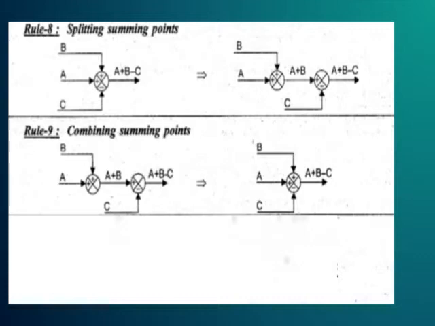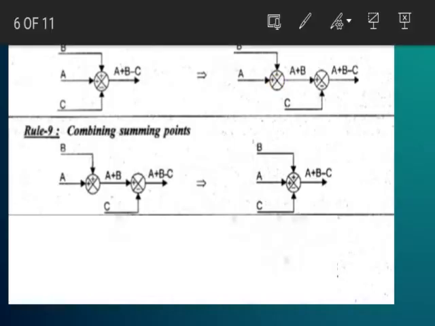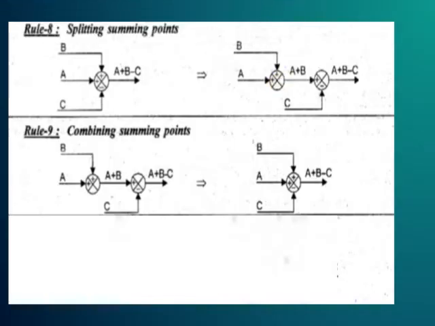This is nothing but A plus B, and then minus C. It means one summing point where the two variables A and B are connected with plus, and another summing point where minus is connected to C. So we will get A plus B minus C.